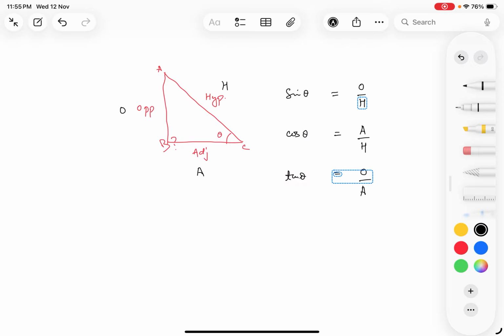So we memorize it as SOHCAHTOA, right? Sine equals opposite upon hypotenuse, cosine equals adjacent upon hypotenuse, and tan theta equals opposite upon adjacent.